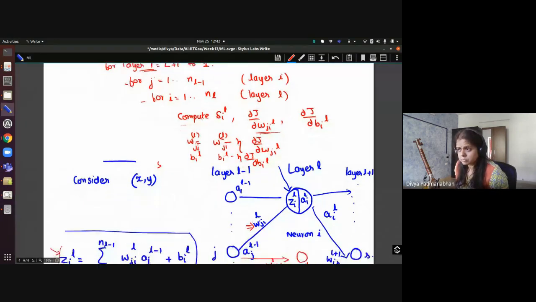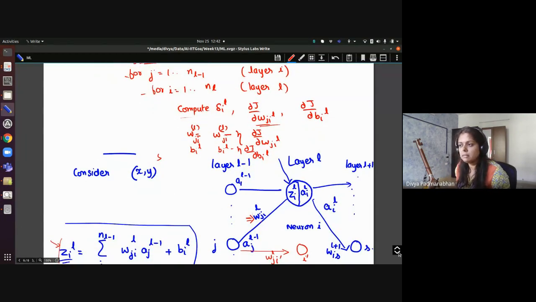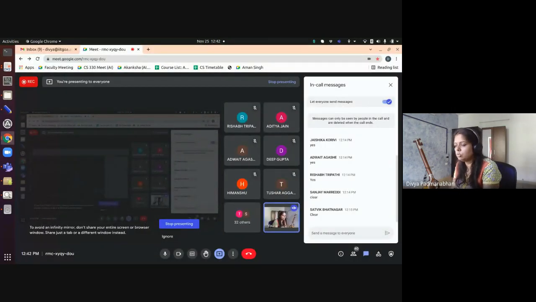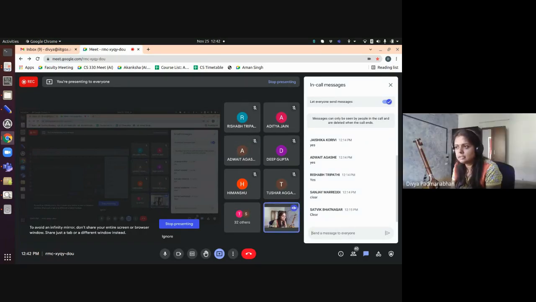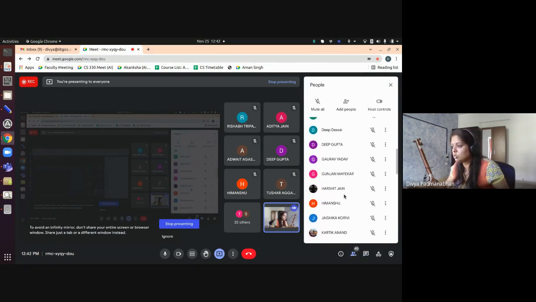Okay. So this is the general flow of the back propagation algorithm. And I don't know whether the others feel it is clear or not. Advait? It's clear, ma'am. Aditya Jain, it's clear. Okay. Maybe some of the others also, I just want to hear.